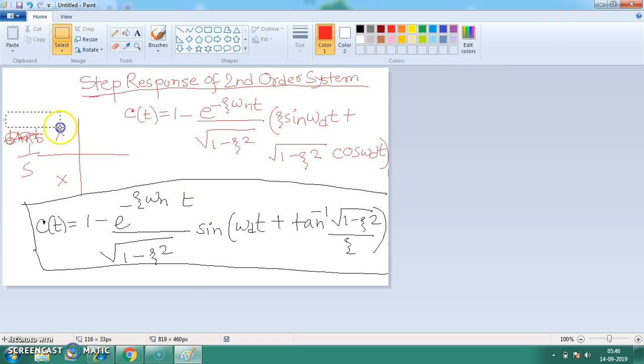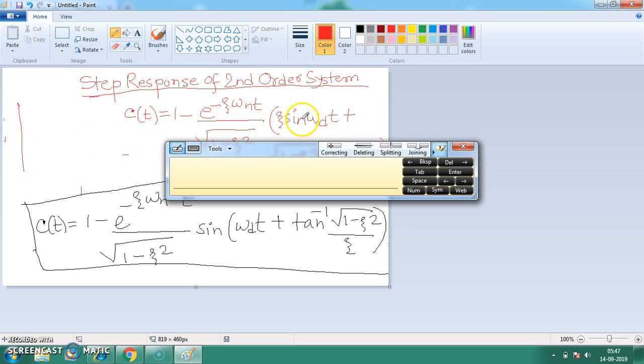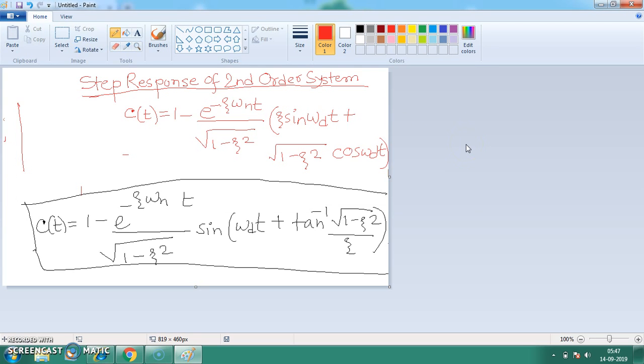This is an exponential factor. So we try to draw the diagram. What we find, if we try to draw the diagram, is that this part will give us a sinusoidal response with certain angle.